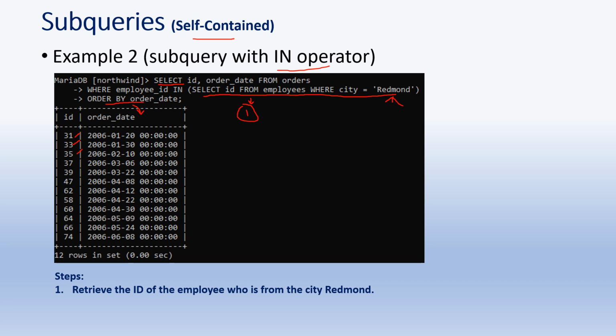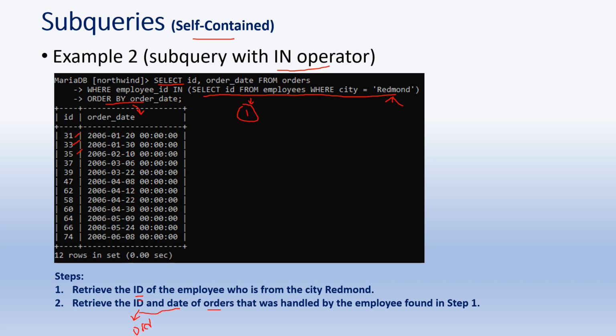Any employees with the city Redmond, they have their ID. So we got their IDs, and then we retrieve the ID and date of the order. This is the ID for the order, and this is for the employee, handled by those found in step 1.